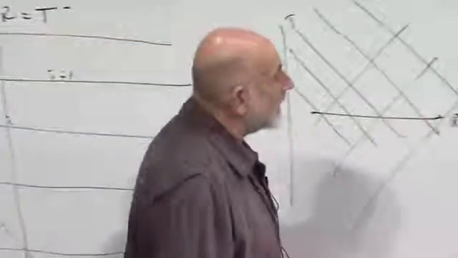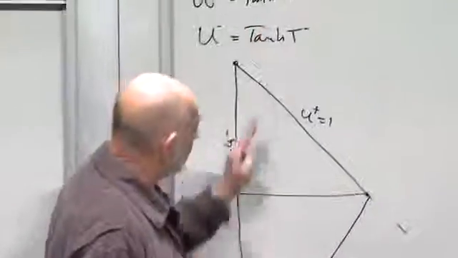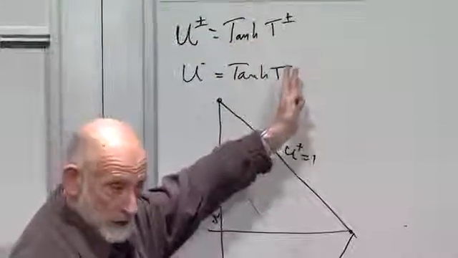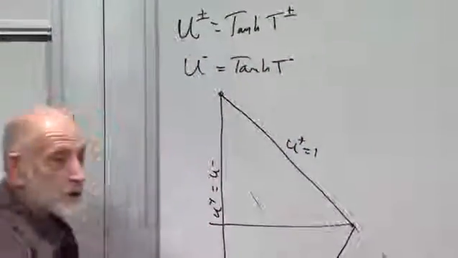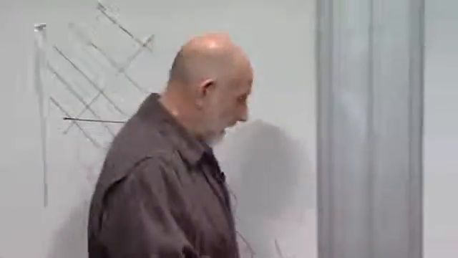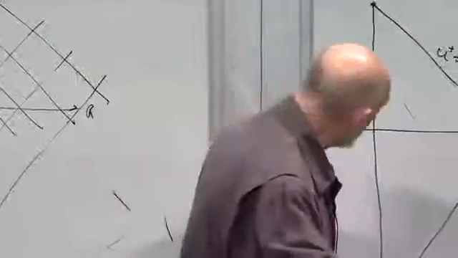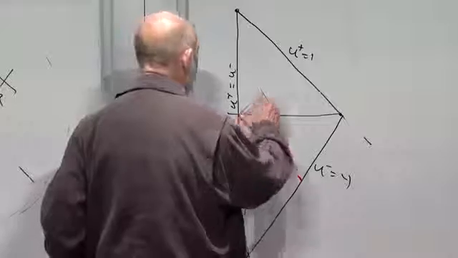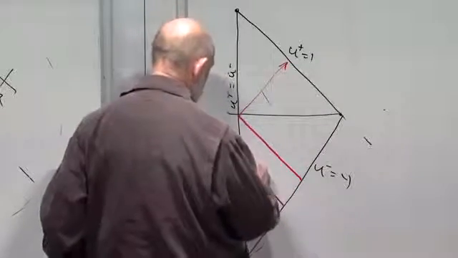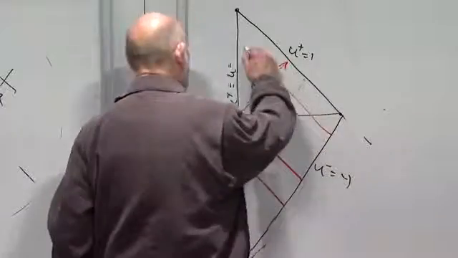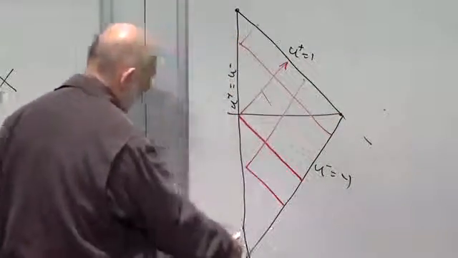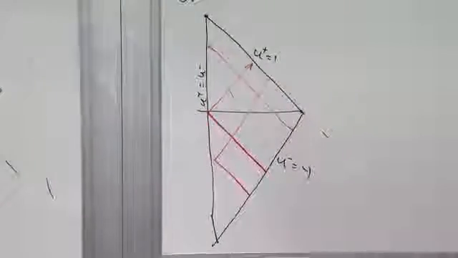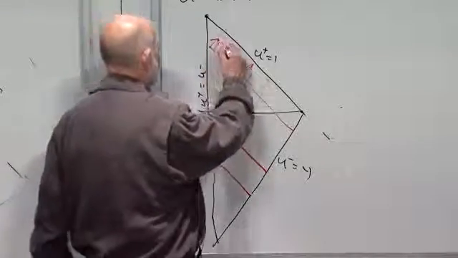But if t plus is constant along some trajectory, it means that u plus is constant along that trajectory. Likewise for t minus and u minus. The upshot is that if you make a coordinate transformation like this, it is still true that radial light rays move on straight 45-degree angles. These are light rays that come in from the remote past, bounce off the origin, and go back out. Again, bouncing off the origin is just a figure of speech. You just pass through the origin.